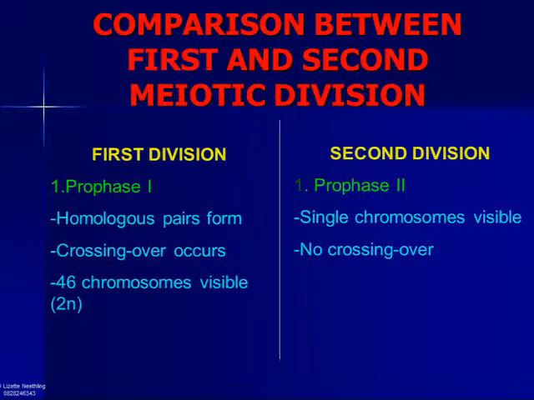If we talk of humans, there are still 46 chromosomes visible, or they are diploid. In the second division, it will be half the chromosome number. So if you don't talk of humans, you can say it's a complete set of chromosomes, and in prophase 2 you will have half the set of chromosomes visible.